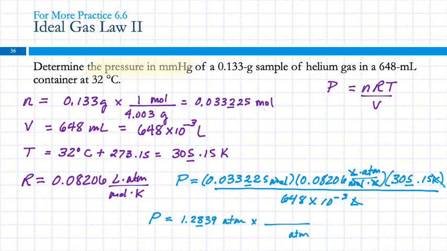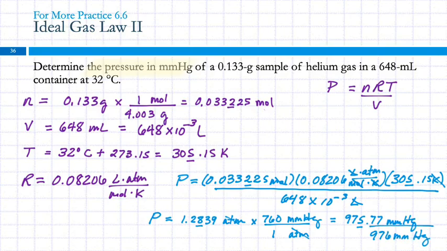This time I've got atmospheres on the bottom and millimeters of mercury on the top. 1 atmosphere is 760 millimeters of mercury. This is still going to have 3 significant figures, and so I would round that to 976 millimeters of mercury.